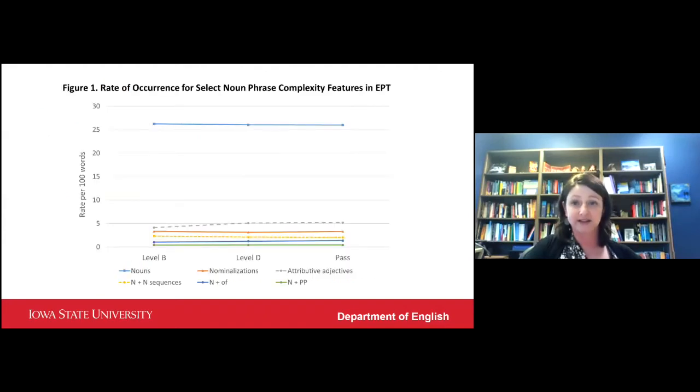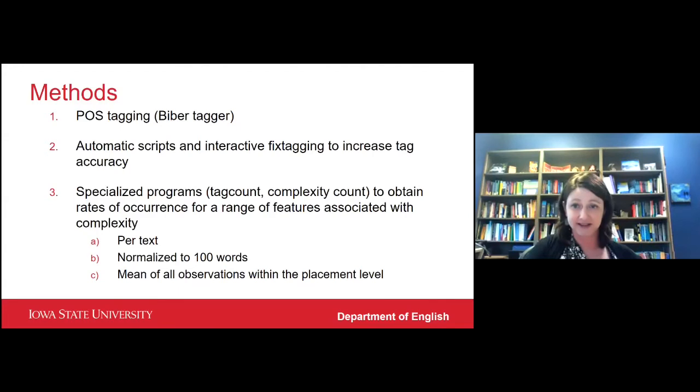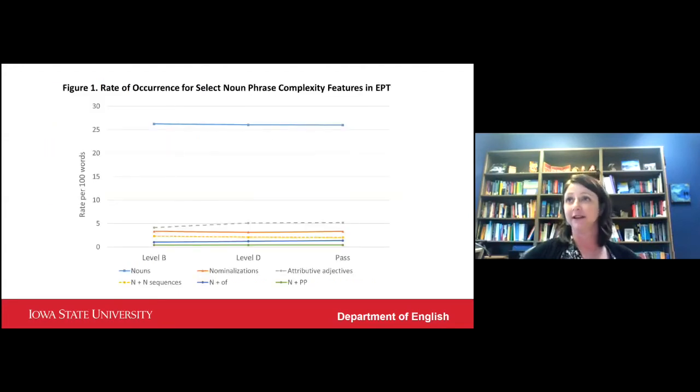So here's what we get. We go through all of that effort, all of these steps, and this is what we get. And I have to admit that when I first ran this data, I was not very excited about this graph. It doesn't really seem like there's a whole lot going on.